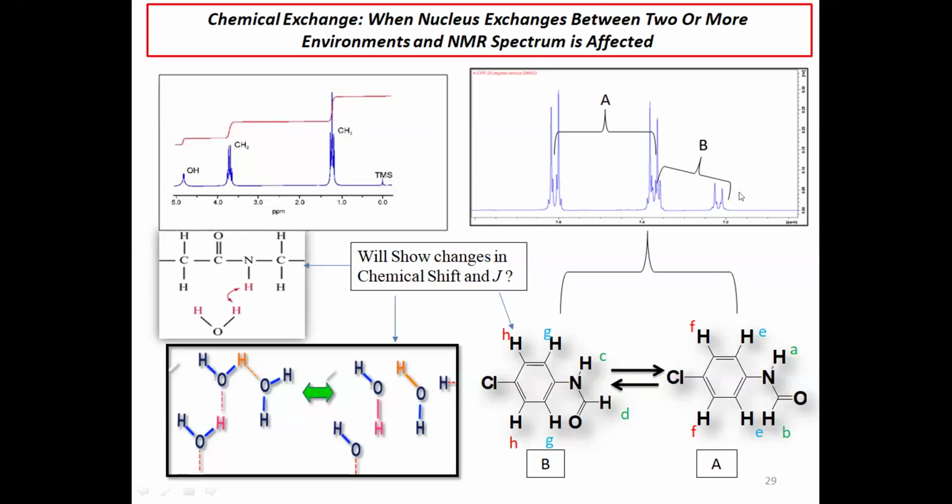Signals A and B have a common area where the two signals are merging. Exchange also happens in NH and water systems, and in protein systems. When we put them in water, there is exchange between the protons on the backbone, in the acidic or basic form, and the water. Measurement of exchange is a very interesting phenomenon.